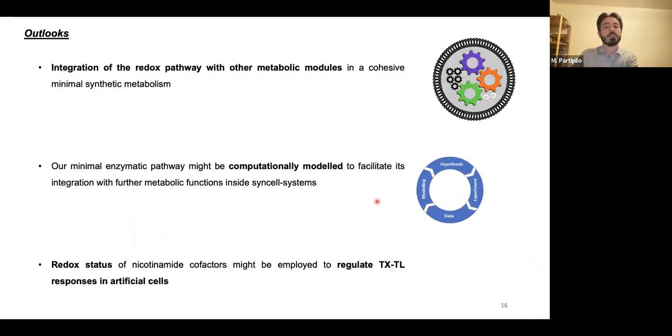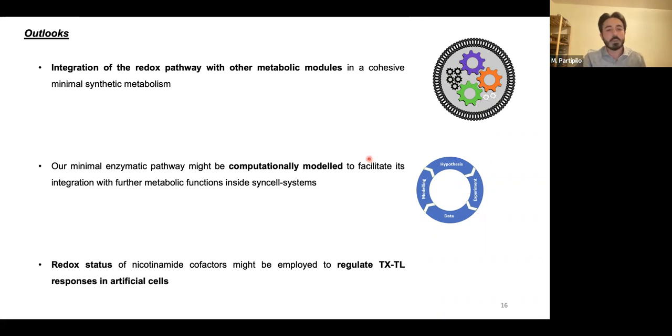For the future, what we are already starting to do, but we plan to do, is to integrate our redox pathway with other metabolic modules in a way that we can obtain a functional and minimal synthetic metabolism. Since our pathway is formed of only 3 enzymes and is triggered by the main event of formate permeation, our pathway might also be ideal for modeling.